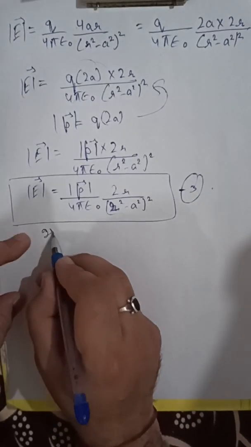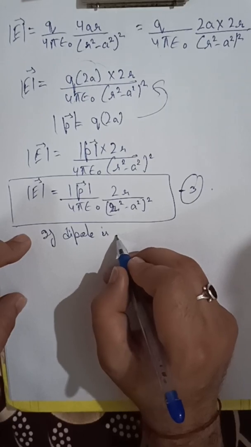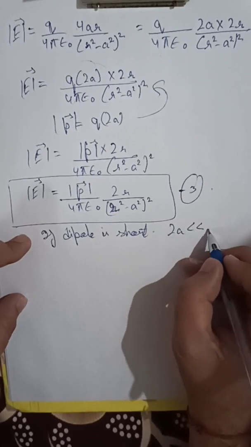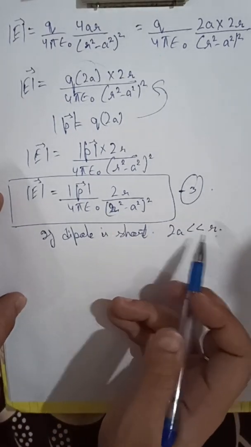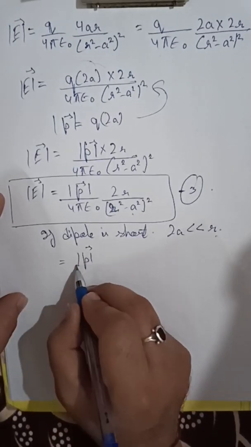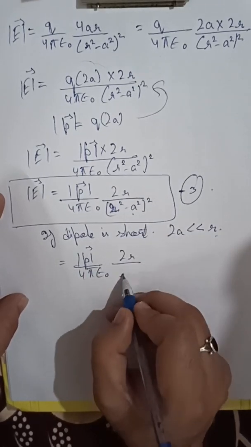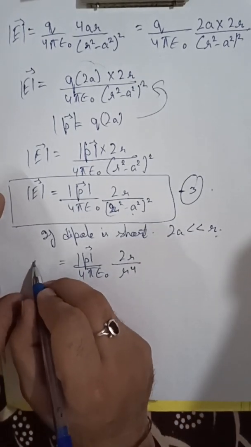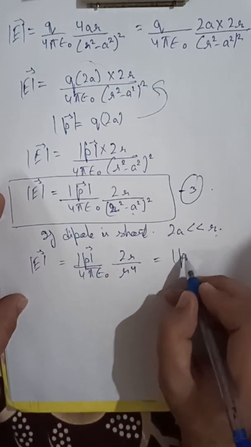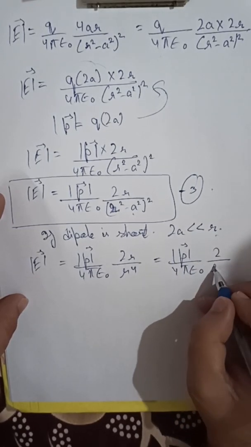But if the dipole is very small or very short, then twice of a is very much less than r. If it is very much less than r, you can neglect a square. So if we neglect a square, then 2r upon r to the power 4, or P upon 4 pi epsilon naught twice r cube.